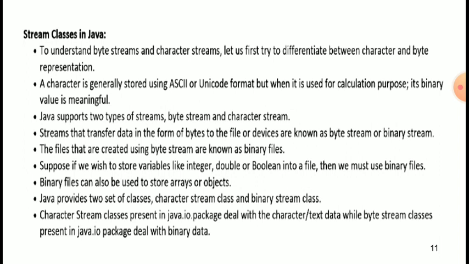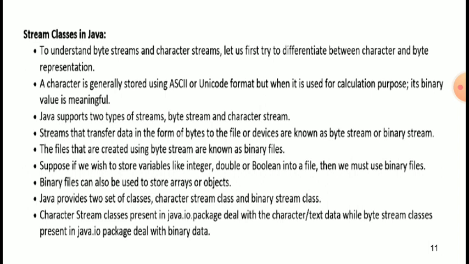So Java supports two types of streams. First is a byte stream and second is a character stream. Streams that transfer data in the form of bytes to the file or a device are known as byte streams or binary streams. The files that are created using byte streams are known as binary files.